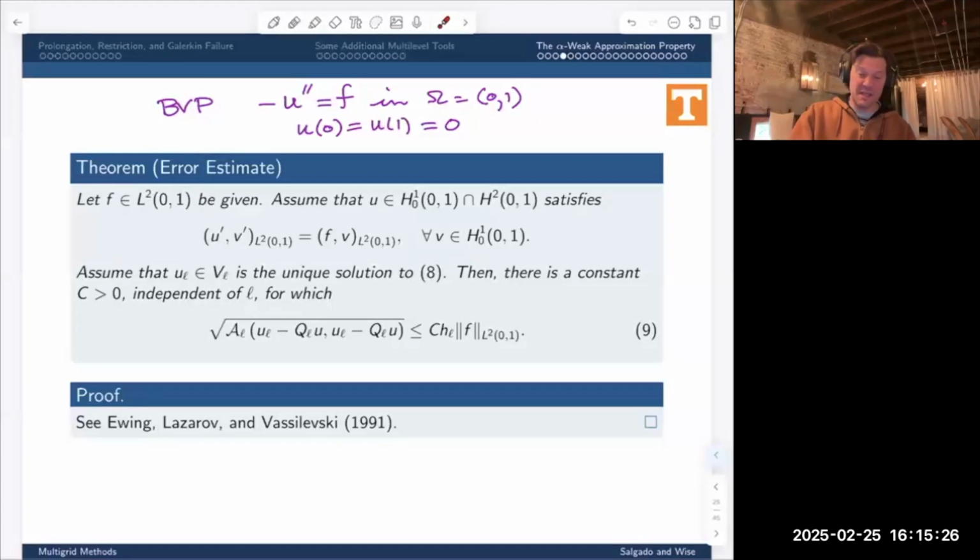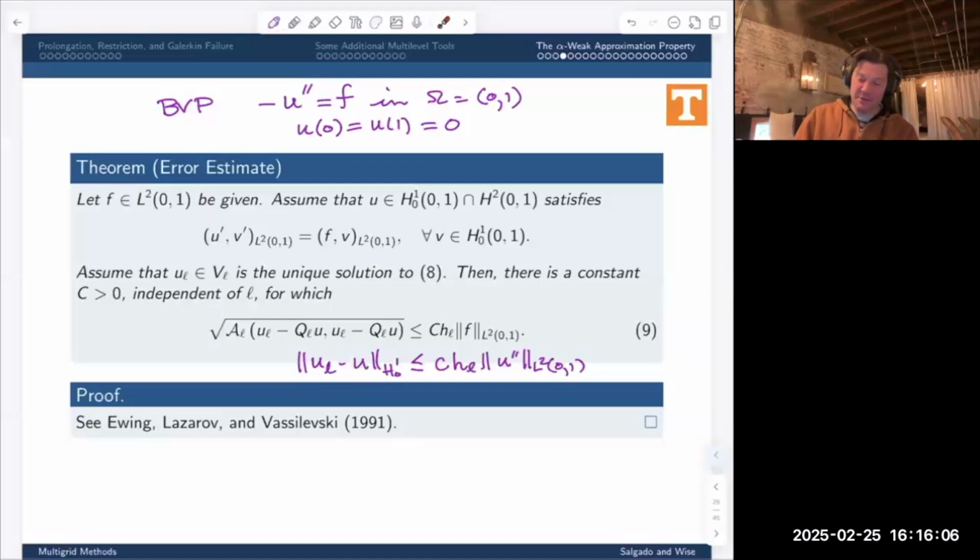The finite element setting says if you measure the error u_h minus u in the energy norm, the H01 norm, then that's less than C h_L times, actually what usually appears here is the L2 norm of u double prime. But it's the same thing as the norm of f.